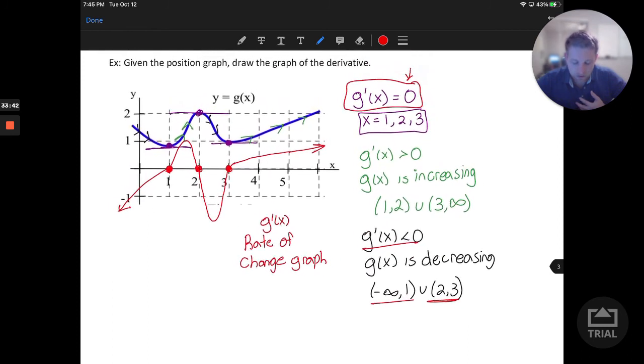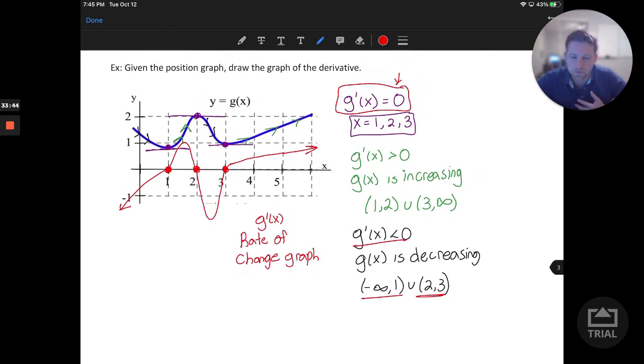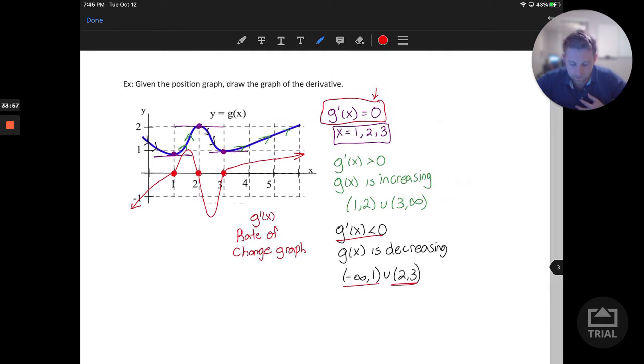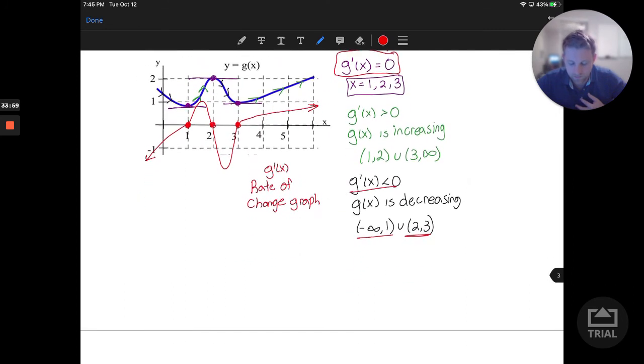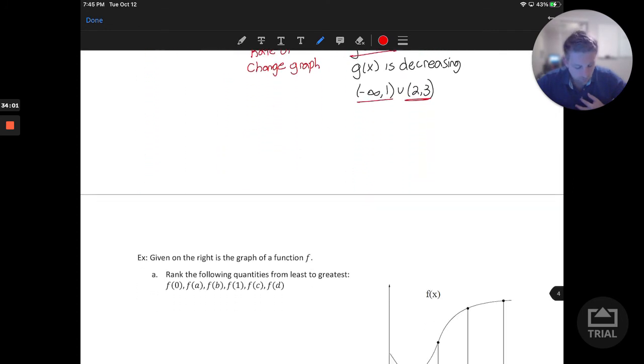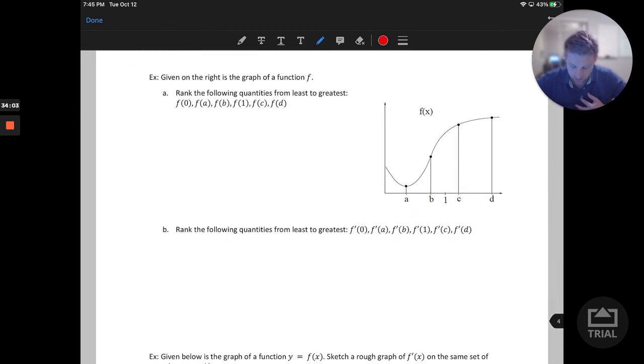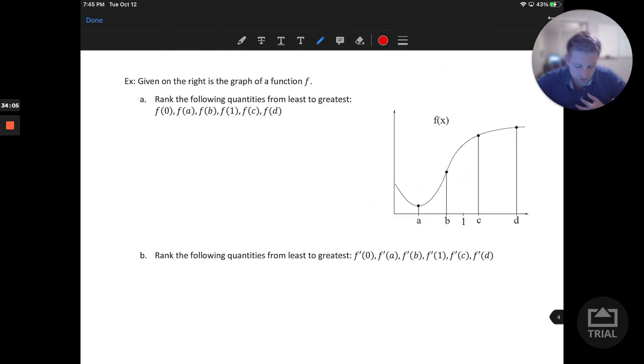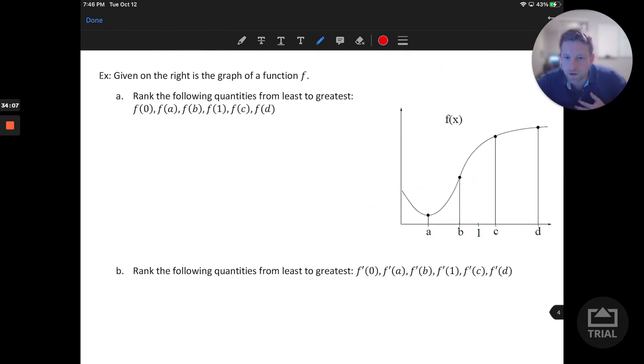Again, the focus here is kind of putting these points in categories. Where are we increasing, decreasing, and 0, and connecting that back to the derivative. The next question we'll consider is just ordering functional values and derivative values, because these two things are quite different.